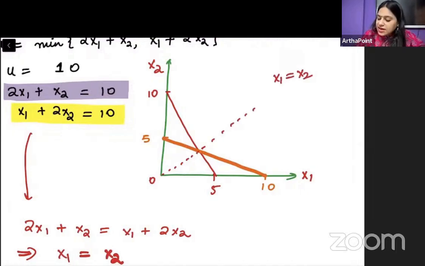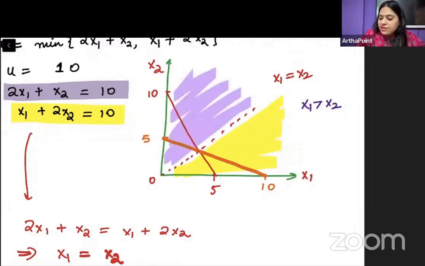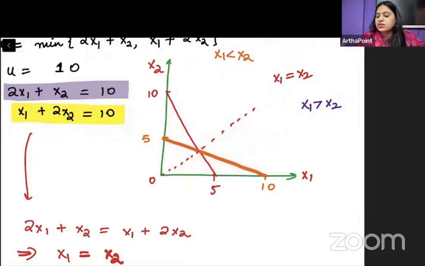Clearly, you need to understand, and we know this fact that in this zone, we have x1 more than x2. And in this zone, we have x1 less than x2. So we have gone ahead and taken the two zones of x1 greater than x2 and x1 less than x2 also.